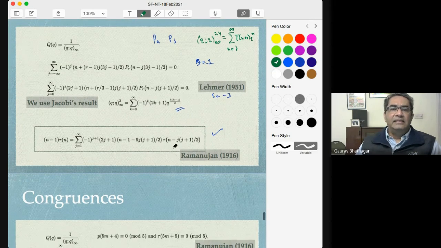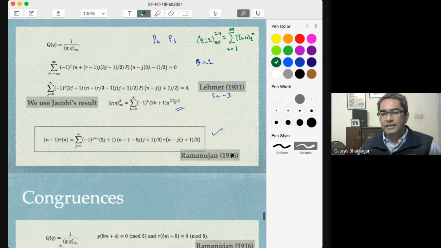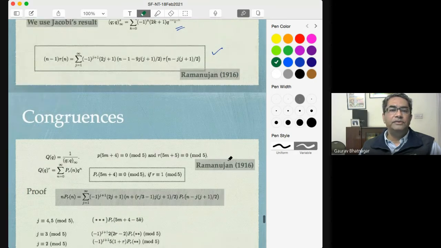So when R is equal to -24, then it gives you this, which is one of the published results in Ramanujan's famous paper on an arithmetical function.